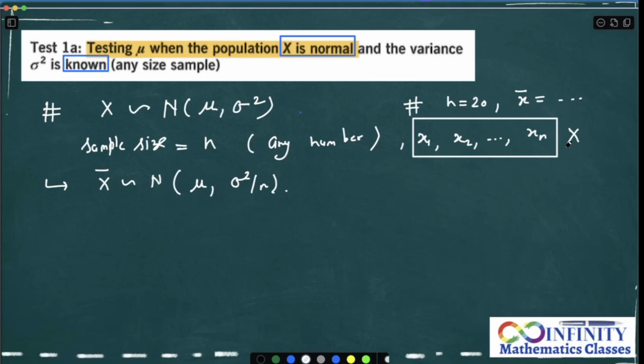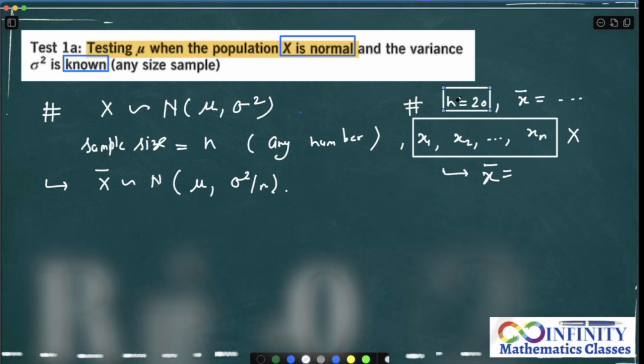But yes, there are questions where they will tell you that these are the observations we have obtained. So if the observations are obtained, I will ask you to find out this x bar only and do the basic repeating of what we have learned for the questions. We will discuss it. You should focus only on the number of samples you have obtained.